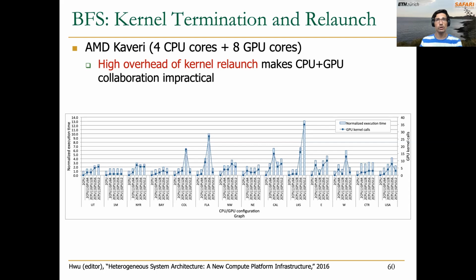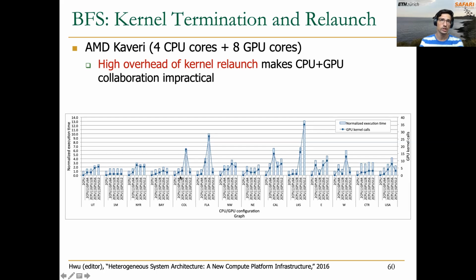And that's why we can observe these interesting results here with normalized execution time for many different graphs, as you can see in the x-axis, and also many different CPU-GPU collaborative configurations where we either use a single CPU, like a CPU with 2 cores, or we use the CPU or the GPU with different thresholds.